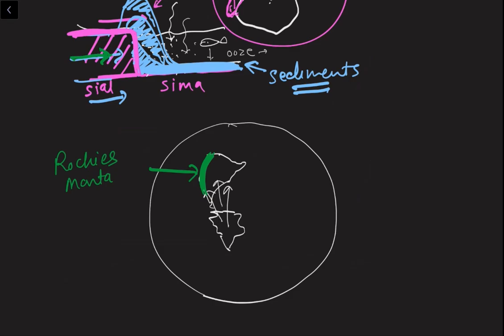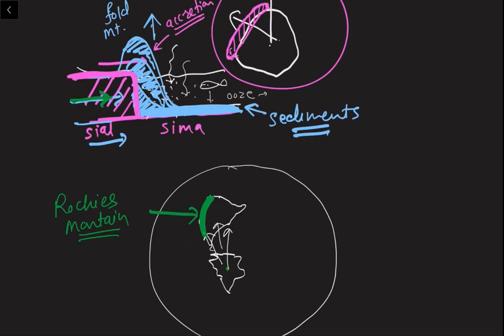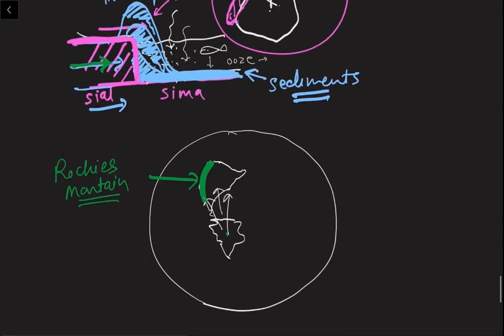Rockies Mountains. You understand? Because he said that the continents are moving, and as they move, they will scrape, they will scratch the surface of the ocean floor, and at the ocean floor there are deposits. These deposits will be patched or stuck, accreted to the edge of the continent, and that's how we get the fold mountain. Now similarly in South America, suppose here was earlier the South American continent.